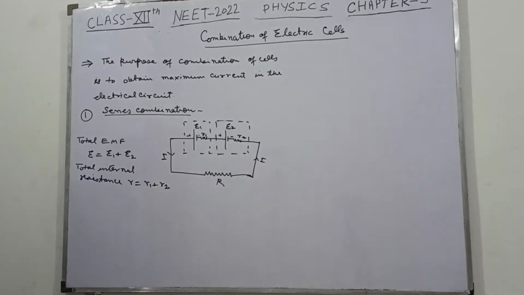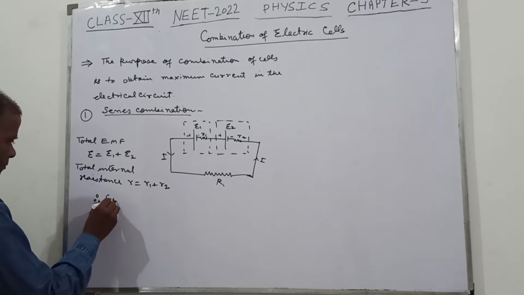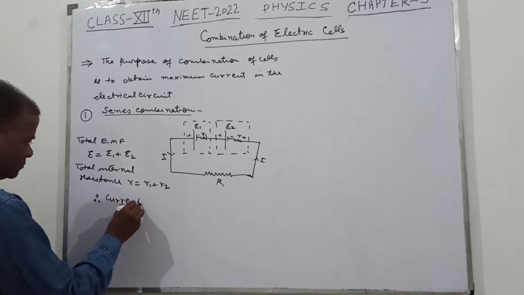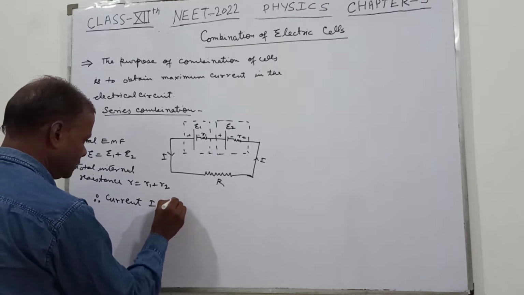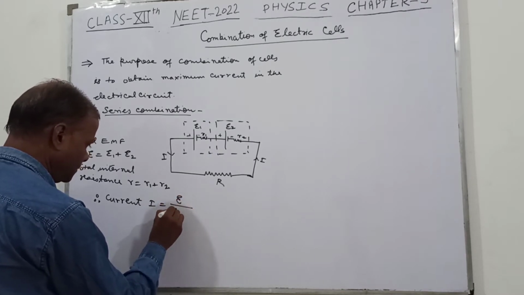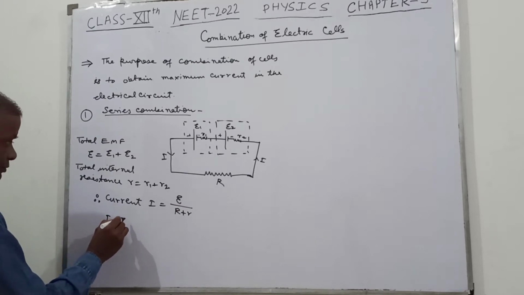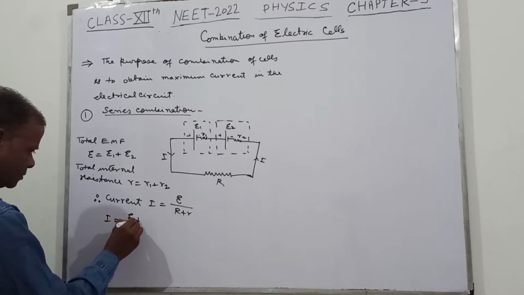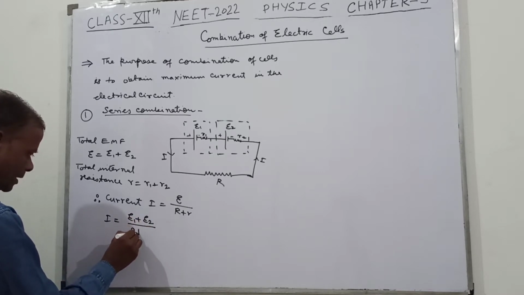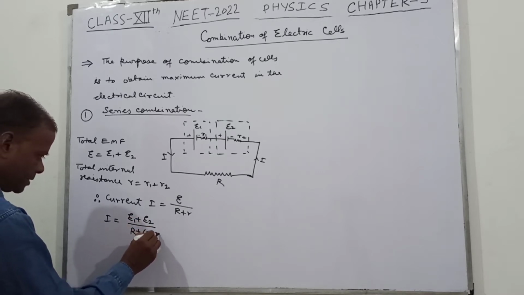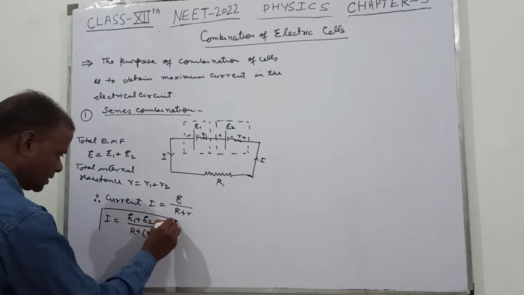So now current, therefore current I is equal to E upon R plus R, or this I is equal to E1 plus E2 upon R plus R1 plus R2. This is now current.